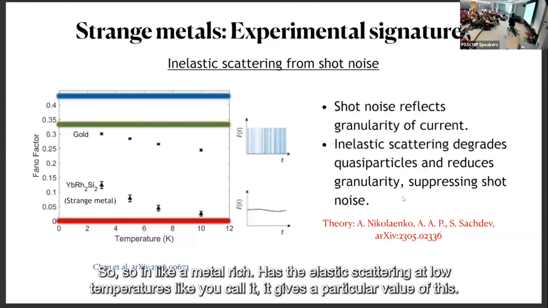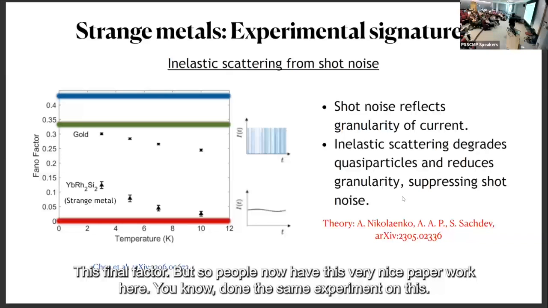So in a metal which has purely elastic scattering at low temperatures, like gold, it gives a particular value of this Fano factor. But people now have this very nice paper.